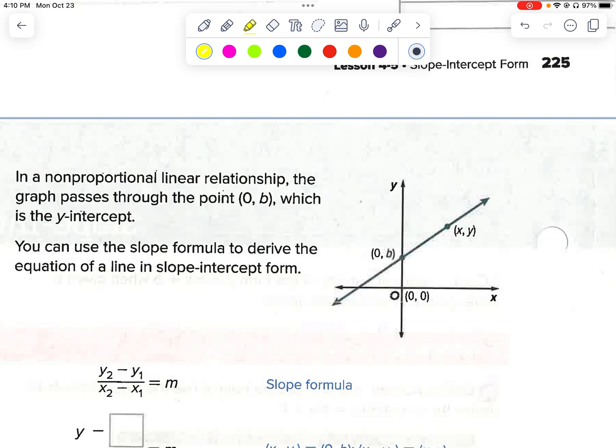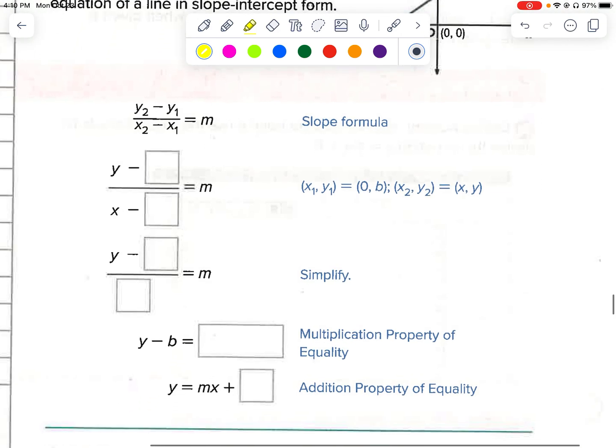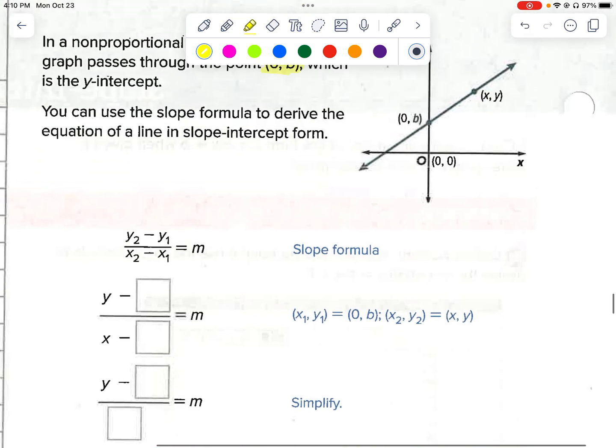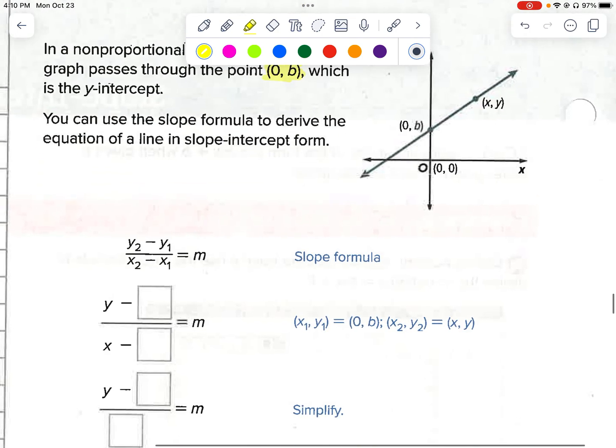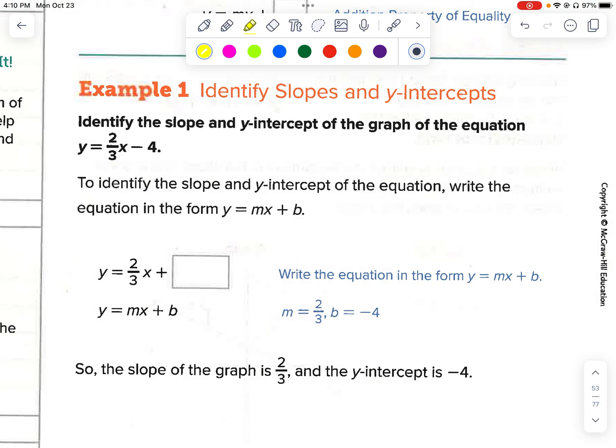Non-proportional linear relationships, that's what I was just saying. So, I don't really want to teach it this way. We're not going to do that. We're going to come straight here.